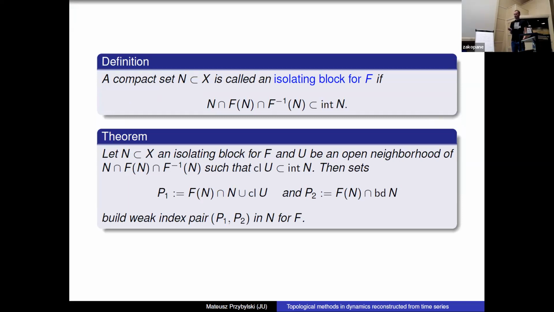This new theory also allows us to find quite easily a weak index pair, especially if we find the special class of isolating neighborhood, namely the isolating block. As you can see here, this is a very easy condition to check algorithmically. Here we have only intersections of some sets, so this is quite easy to check on a computer. And if we find the isolating block, then we can build the weak index pair.